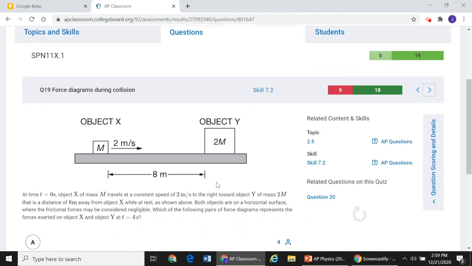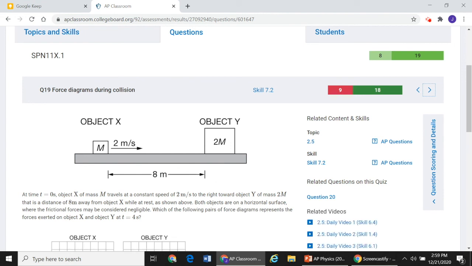And the last one here, question 19, force diagrams during collision. At time t equals 0, object x on the left here, of mass m, travels at a constant speed of 2 meters per second to the right toward object y of mass 2m. That is a distance 8 meters away from the object while at rest, as shown above. Both objects are on a horizontal surface where frictional forces may be considered negligible.